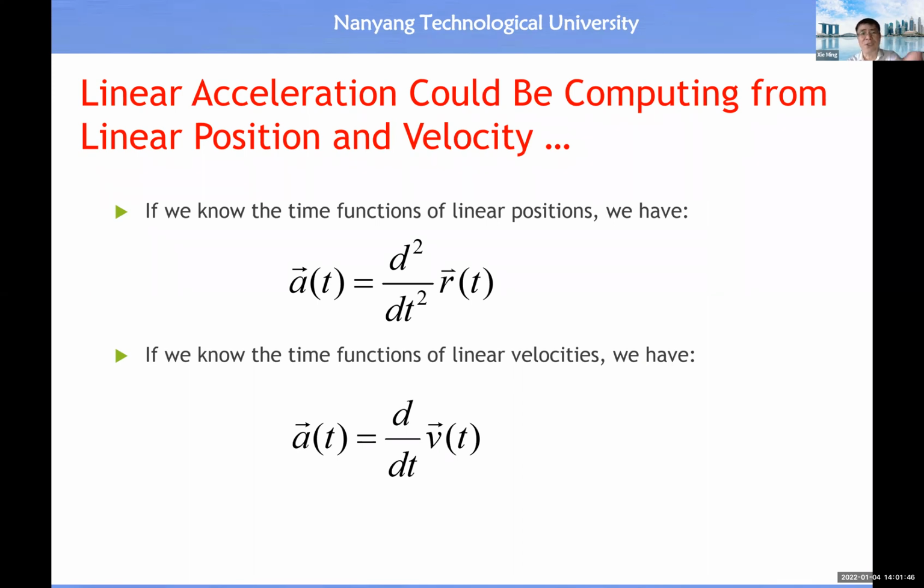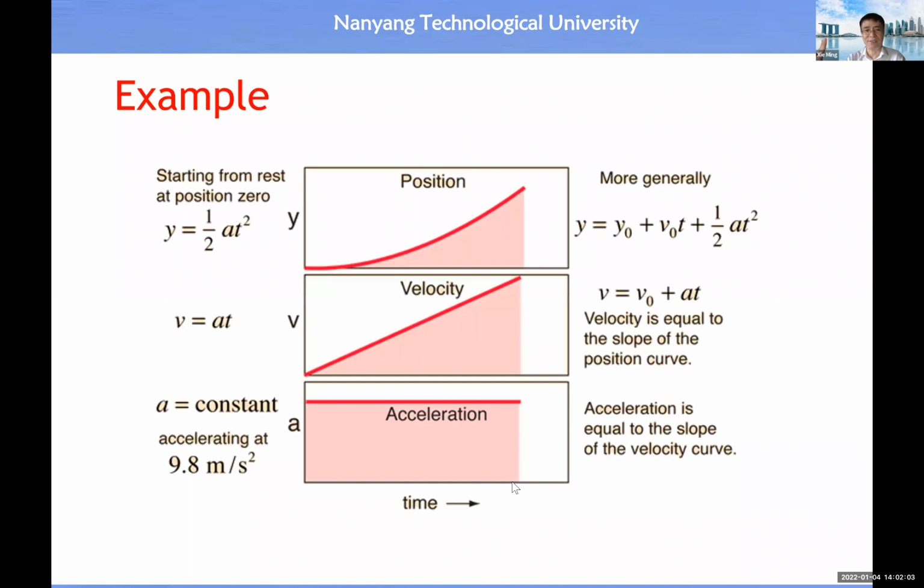I guess every one of you knows these two equations. The second order derivative of a position vector will give you the answer to acceleration. The first order derivative of a velocity vector will give you the answer to acceleration. Done already. So it's very simple.